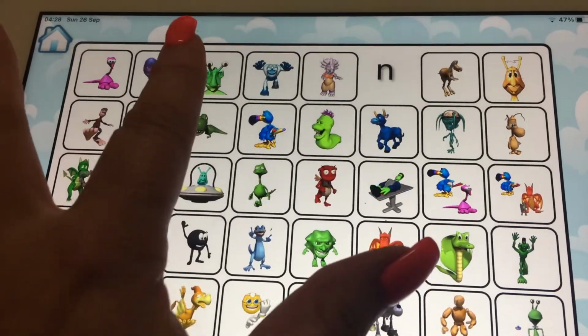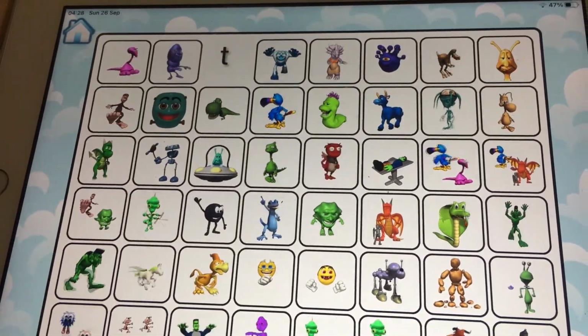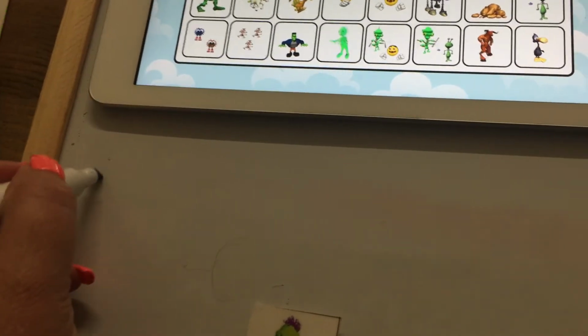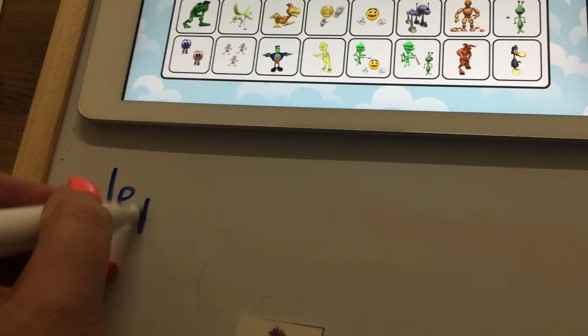So what are the pictures of the sounds in the word elephant?